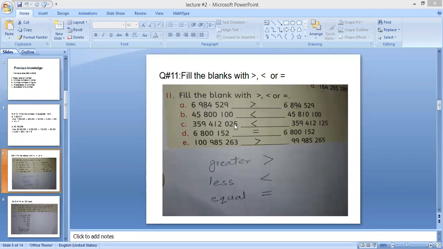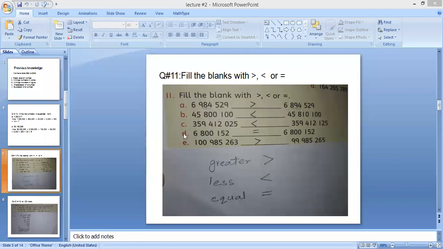Next, 25 and 125. So the second number is greater than the first number. So you will put a sign having the closed end to the left side. And this one is the greater number, so you can check you have the open end to the greater side.